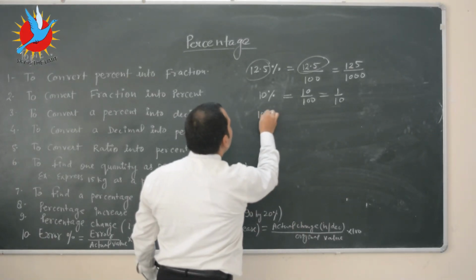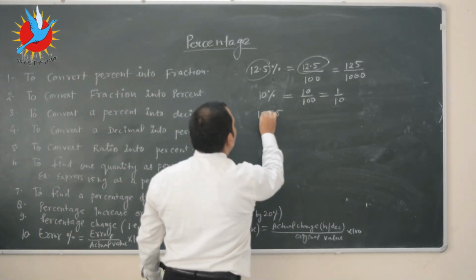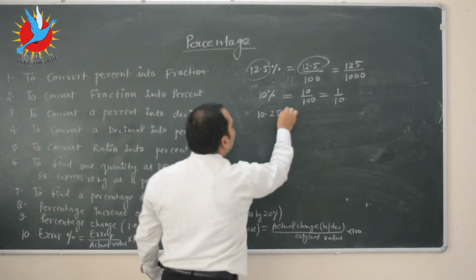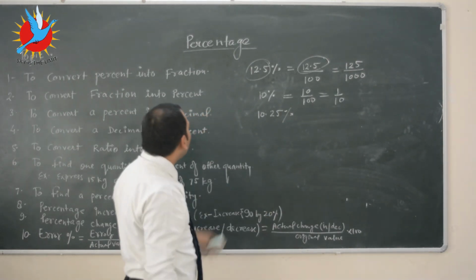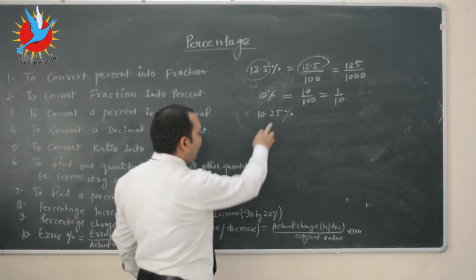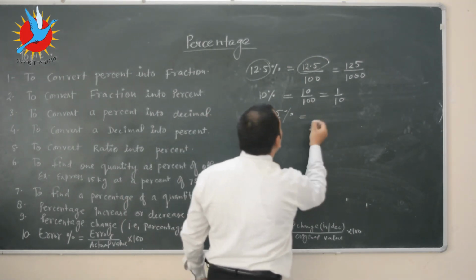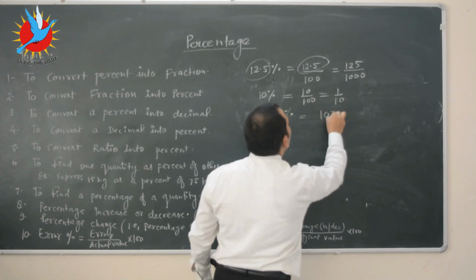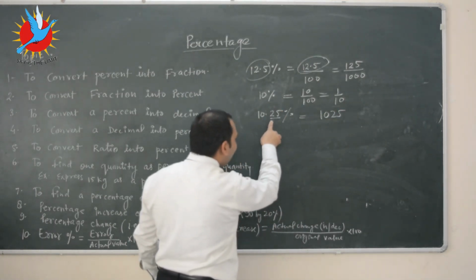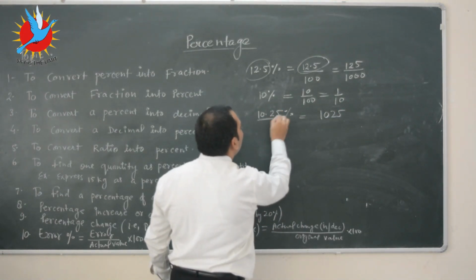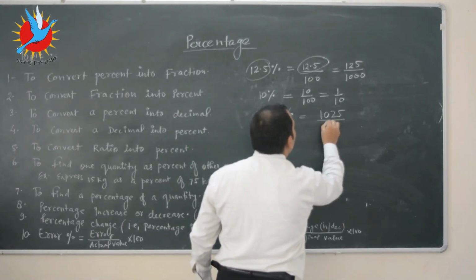Similarly, 10.25% is given. How will you convert this percent into the fraction? How many decimal places? 2 decimal places. So we convert 10.25 to 1025 and divide by 100. This is already divided by 100.